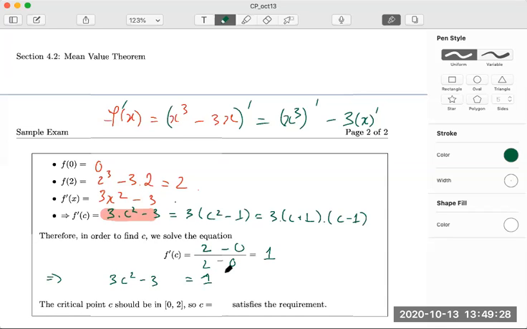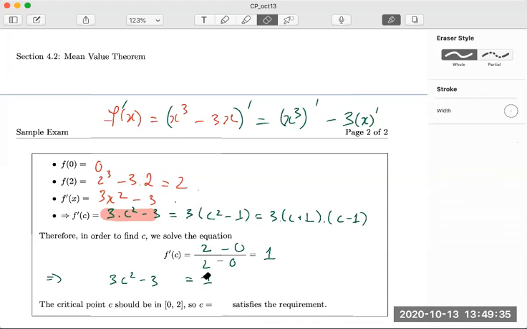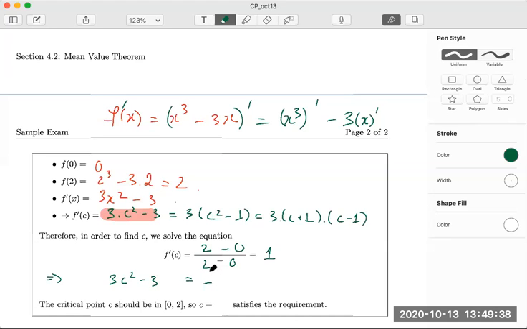Now our job is to find the number c. Okay? What should we do now? Yes, add 3 to both sides, and therefore we have 3c squared will be 4, right? Thank you, Marissa.